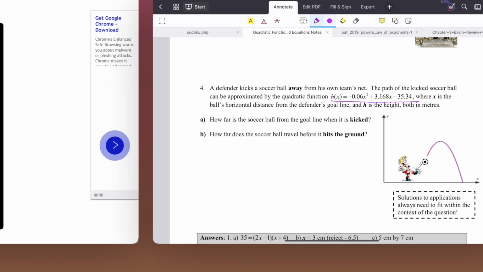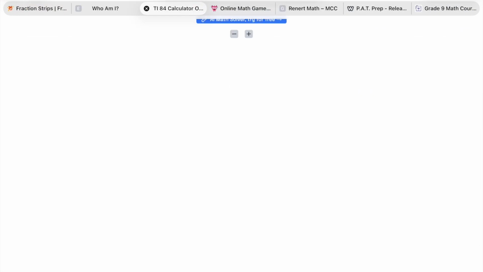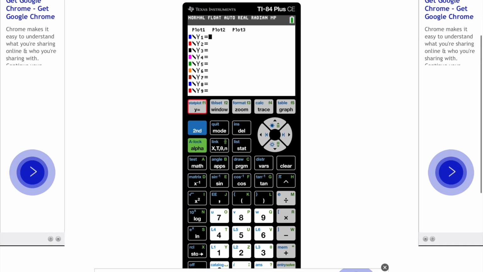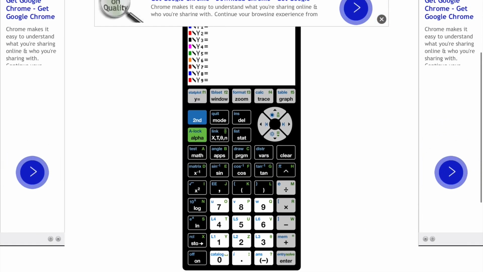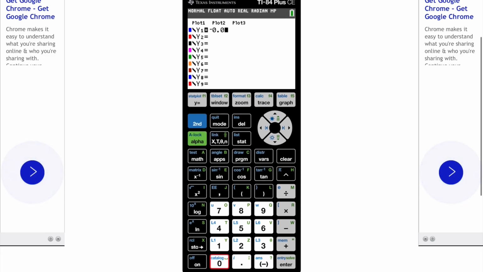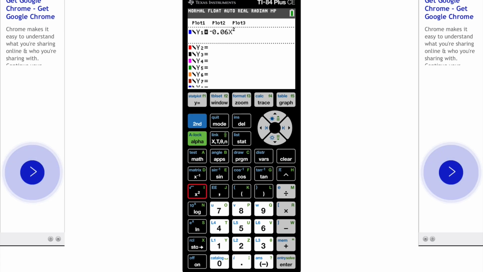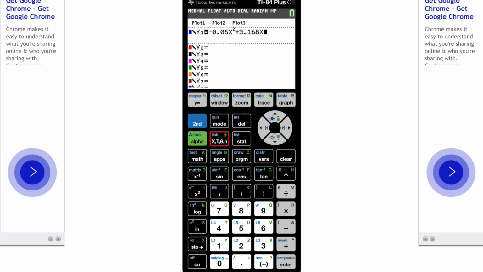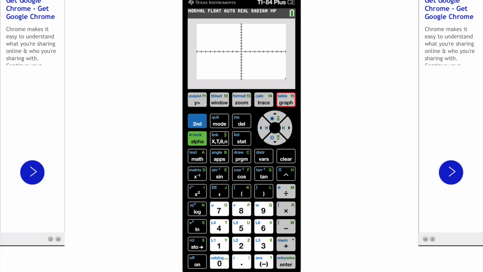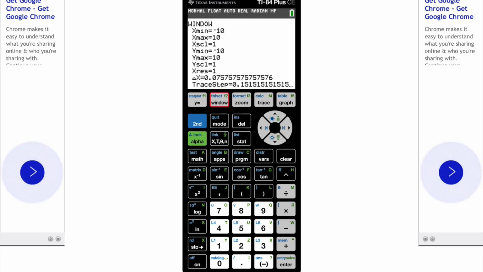So let's put it in our graphing calculator. y1 is equal to negative 0.06 x squared, minus, it's plus 3.168x minus 35.34. Graph it.